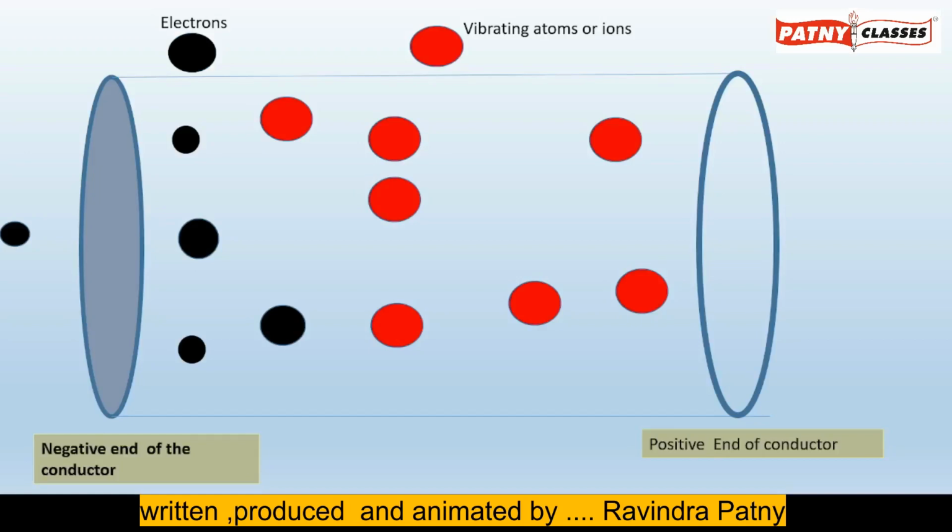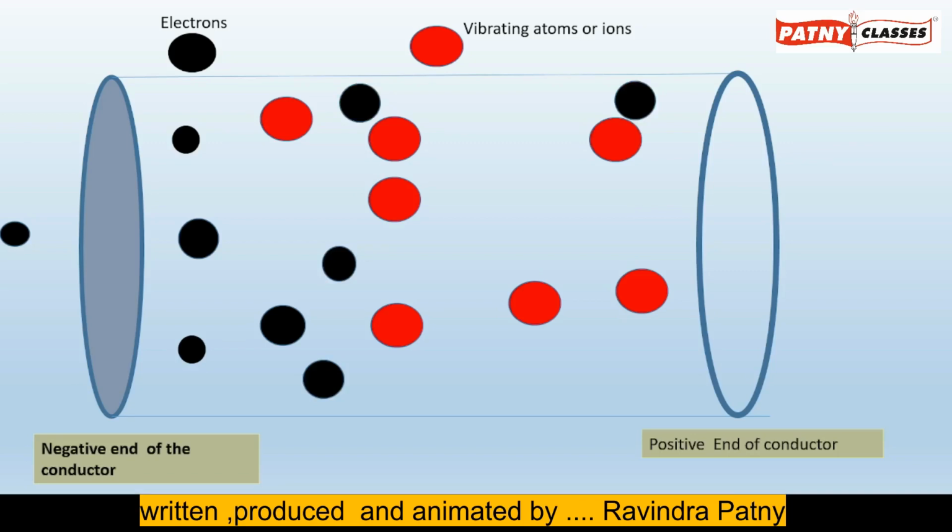If we consider a conductor with a negative end and a positive end, the negative end is of low potential and the positive end is of high potential. When we establish a potential difference, electrons flow from the negative terminal to the positive terminal of the conductor. Consider a potential difference applied across the ends of the conductor.